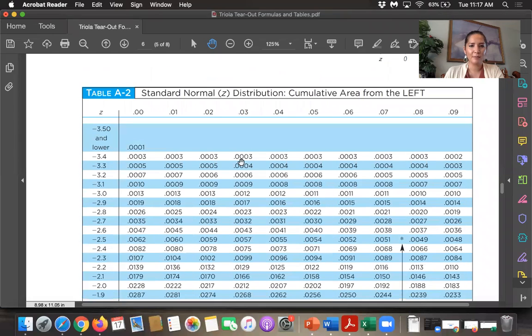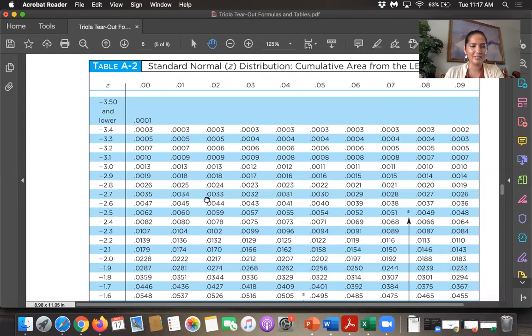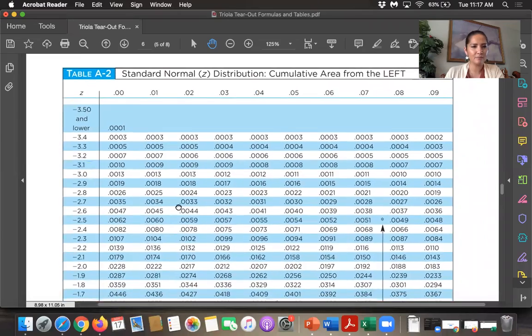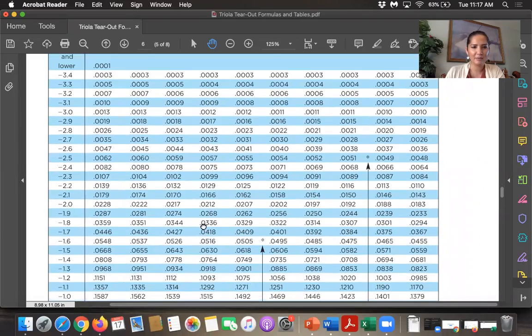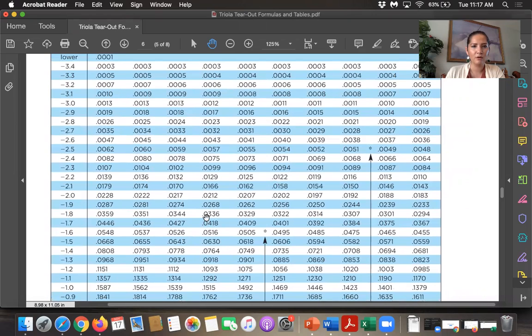So if I want a tiny probability of 0.01, I'm going to the negative z-scores table. I'm looking in the body of the table for 0.01, or as close as I can get to it. There it is. That is as close as I can get. This one is also pretty close, but this one is off by 0.0002, and this one is off by 0.0001.